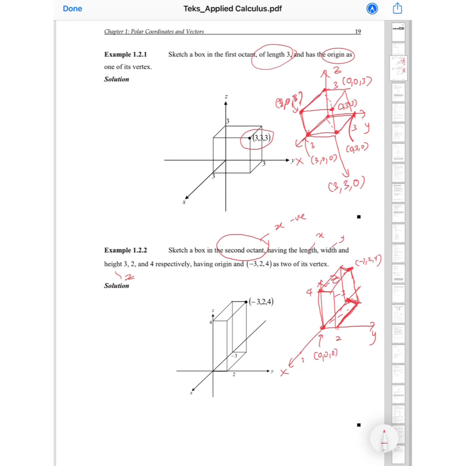This one is on the y-axis only, so it will be 0, 2, 0. This one is on the x-axis, which is -3, 0, 0. And then this one is on the z-axis, which is 0, 0, 4. And let's say this one: x equals 0, y equals 2, and z equals 4.